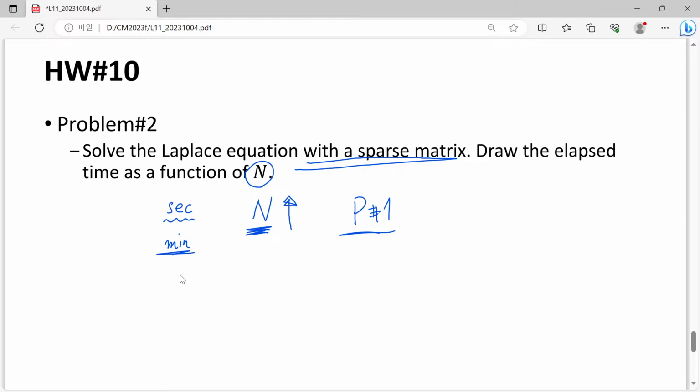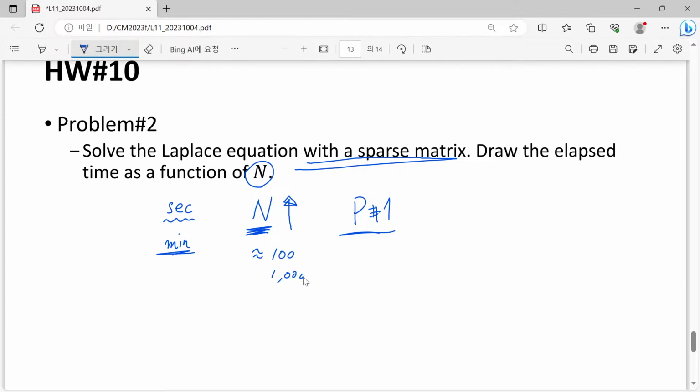So think about our realistic system. Our realistic system is not that one-dimensional. Our system should be two-dimensional or even three-dimensional. In that case, the typical number for n is no longer like 100 or 1000.